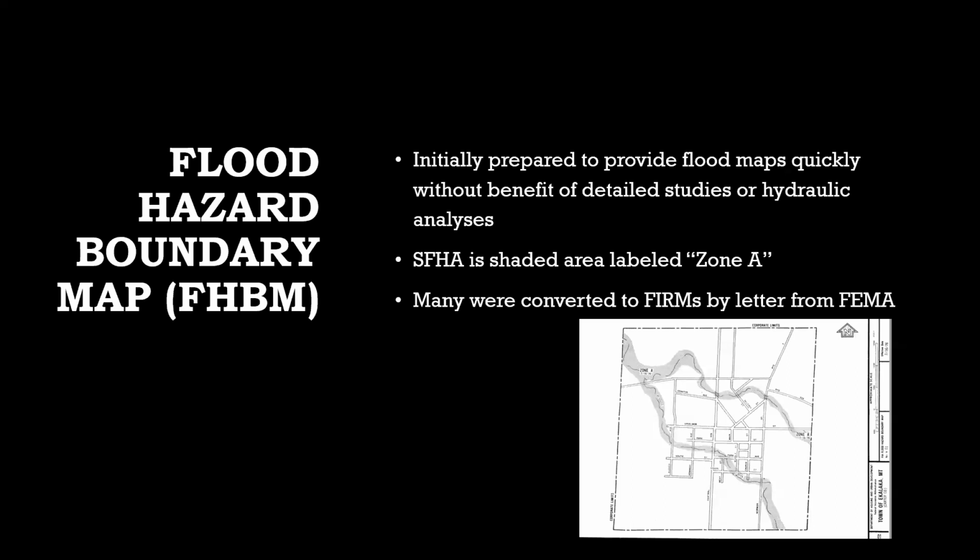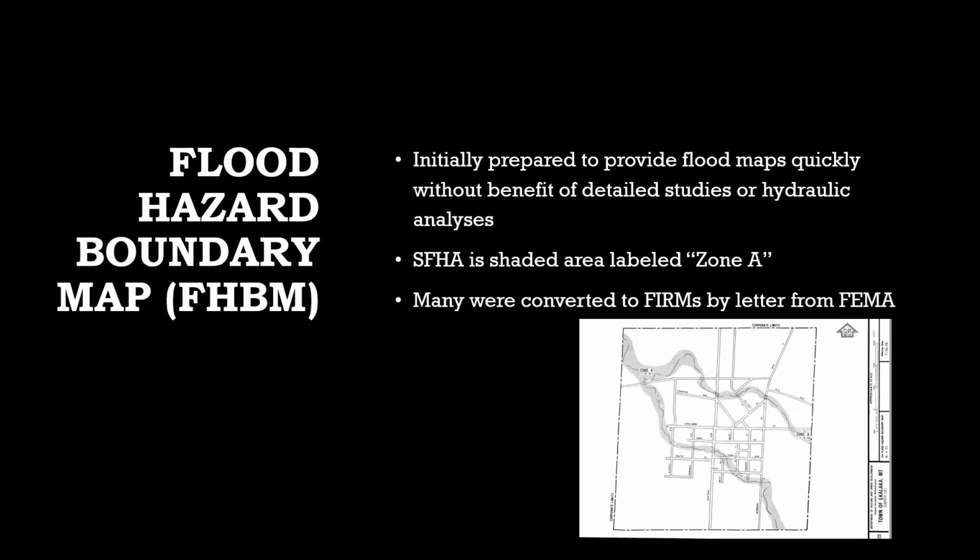So this is one plug for communities with older studies. You might have an effective date that says 2012, but it would fall under what FEMA calls map modernization. Your effective date might say 2012, but it could actually be based on a study that was done in 1977 or something.